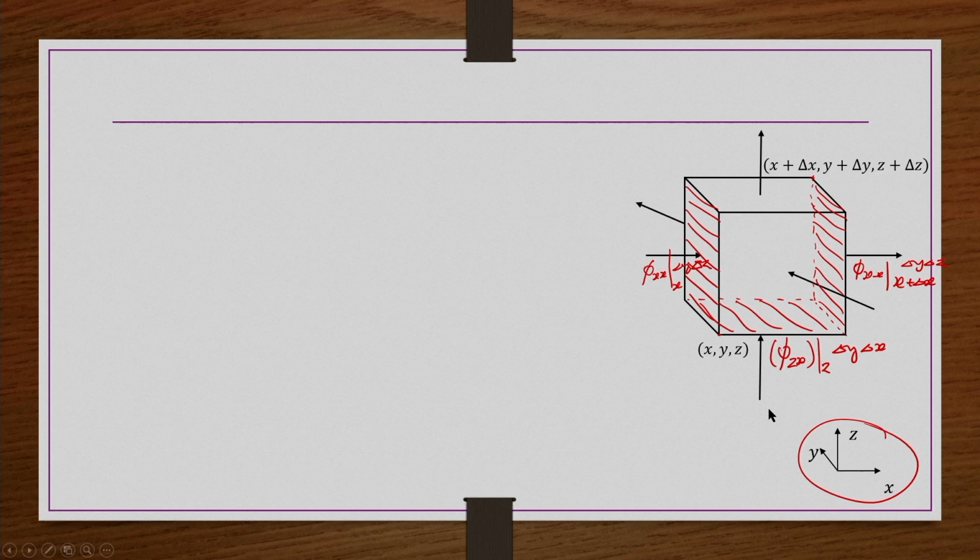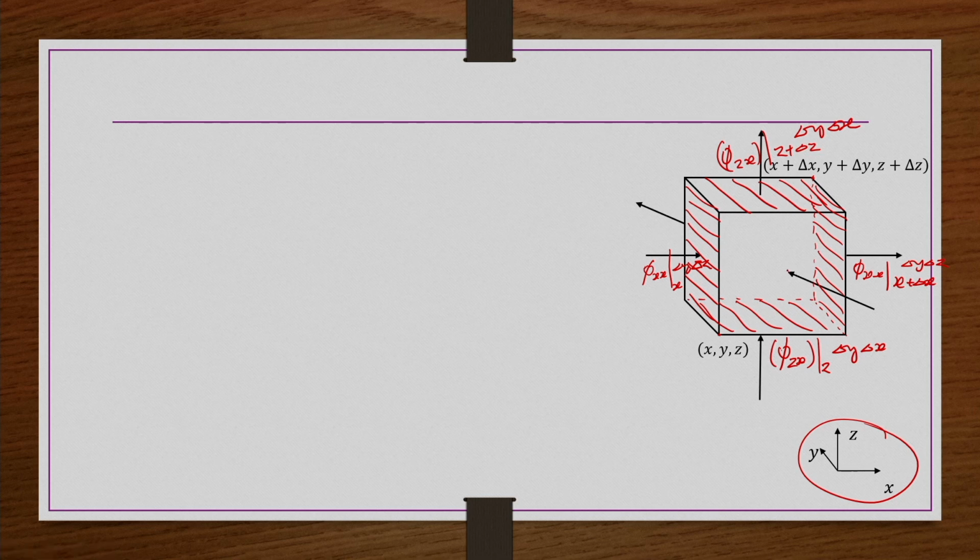Okay, the directions are given like this. Similarly, same x momentum leaving at z plus delta z location is nothing but phi zx at z plus delta z multiplied by the area of the phase through which it is leaving, that is again delta y multiplied by delta x.